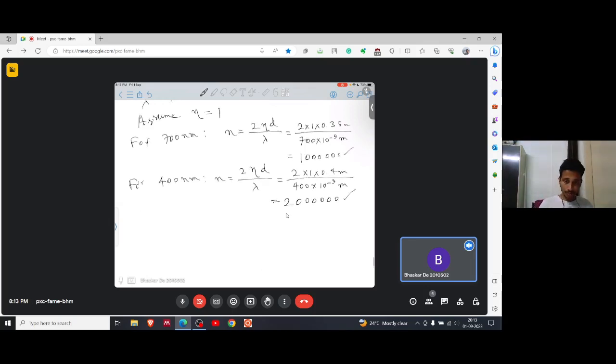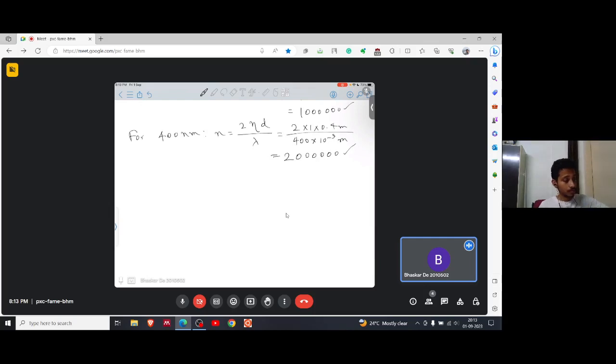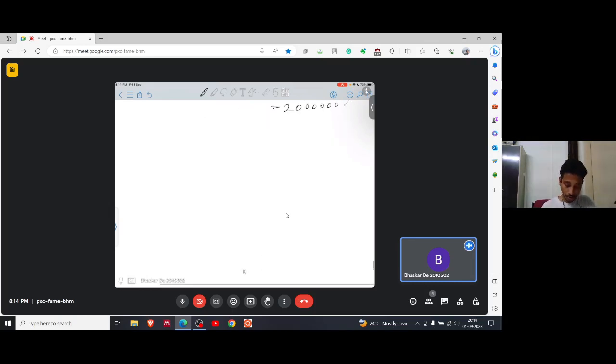Now there is another way of calculating the mode number, which is very different from this one. Here the statement of the problem is very big, so I will not write the whole problem, but I will just read it out. So this is example 4. The problem is a 0.1 meter long Nd:YAG laser rod is coated with a 99% reflector on one end and a 95% reflector on the other end.